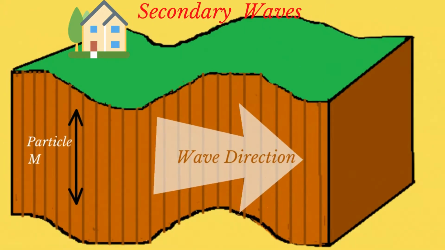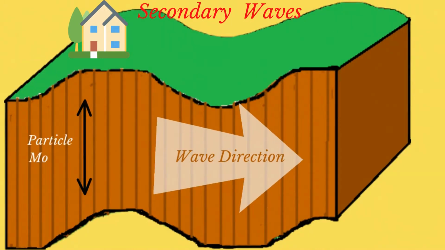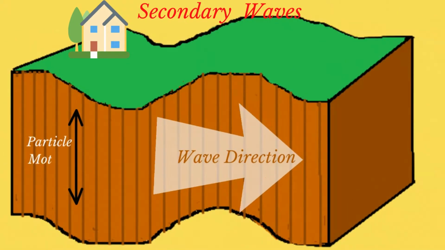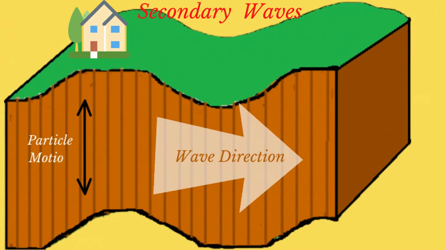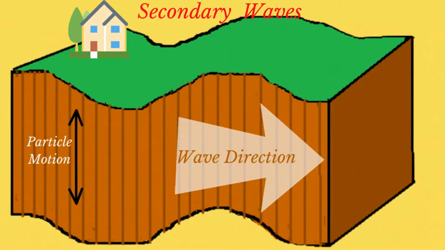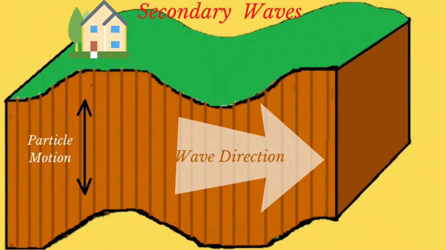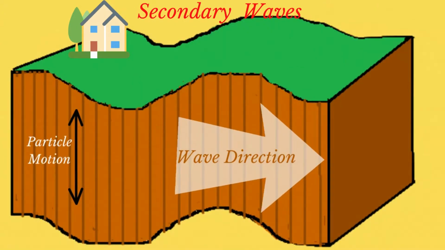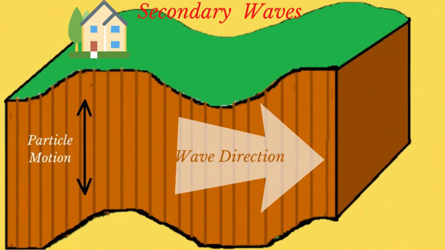S waves are also called secondary waves since after an earthquake event, they arrive at seismograph stations only after the faster P waves, hence secondary.